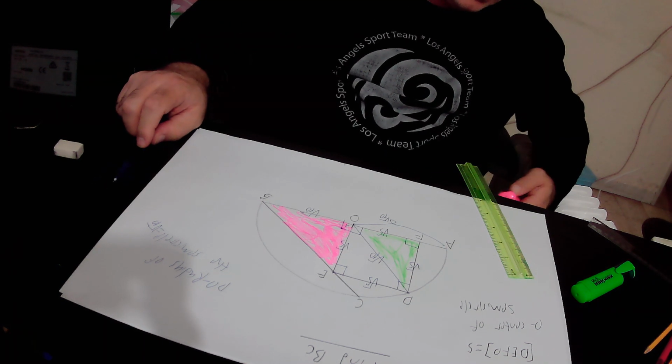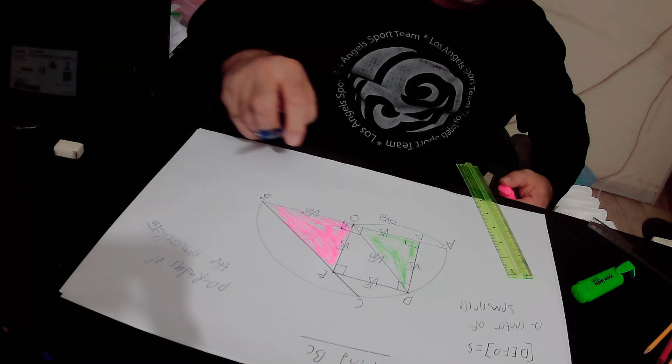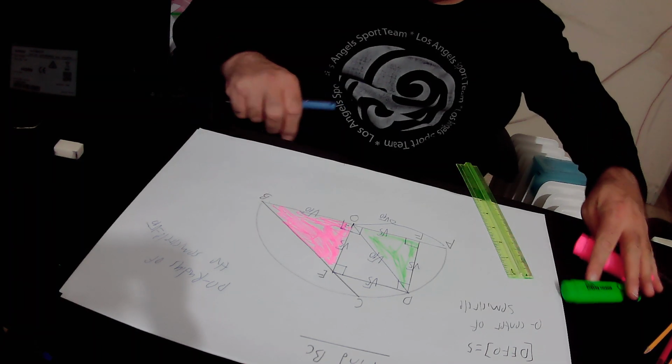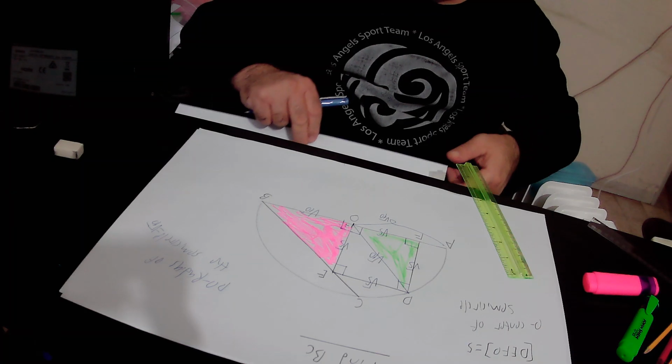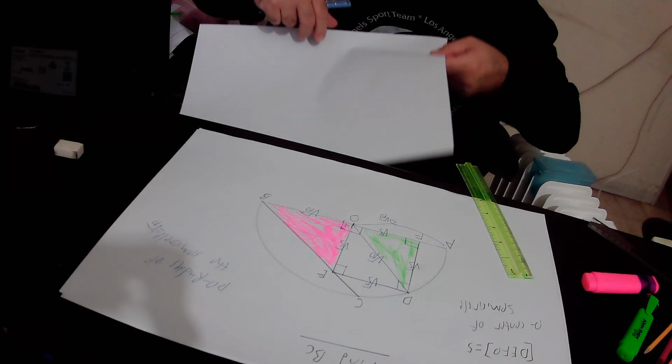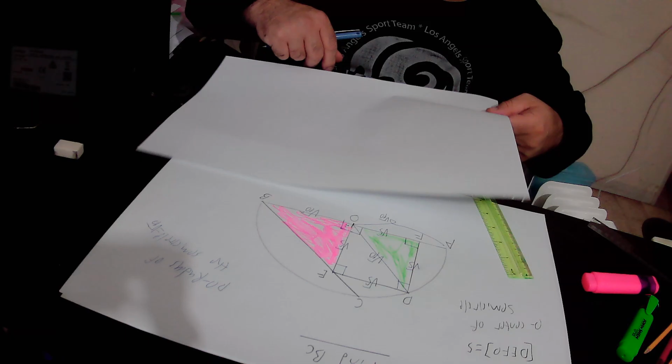So I copy the pink triangle in a new page and implement the Pythagoras theorem on this right triangle EOB.